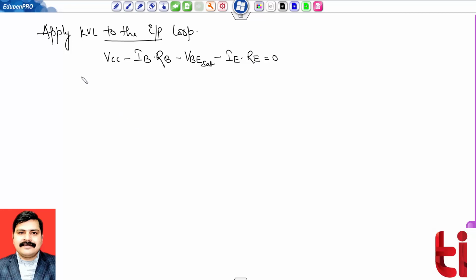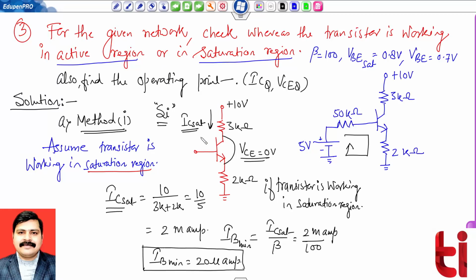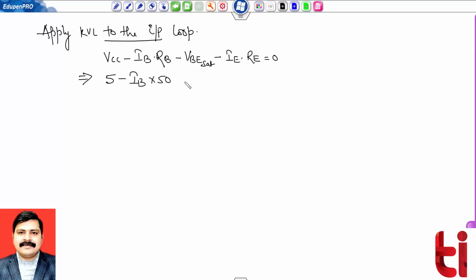And in this situation, now I can use VCC over here as 5 volt minus IB into RB, which is given as 50 kilo ohm, so multiplied by 50 into 10 raised to power plus 3, minus VBE sat, which is given as 0.8, minus, I can replace this IE by 1 plus beta times of IB, and beta is given as 100, so it will be 1 plus 100 into IB multiplied by 2 into 10 raised to power 3 equals to 0.